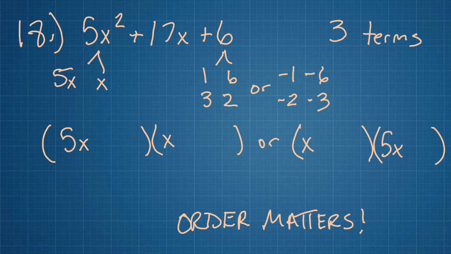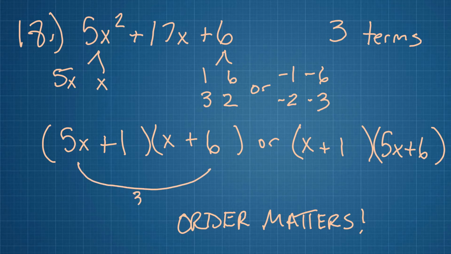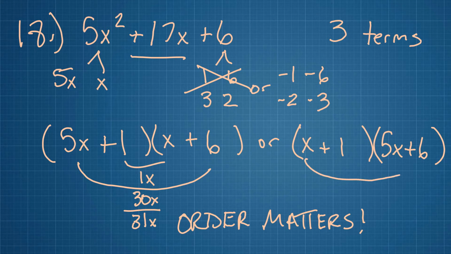All right. So first thing I'm going to do is check 1 and 6. So I check 1 and 6. I get 30x, 1x, together that's 31x. That is not 17x, so there's no way 1 and 6 is going to work. All right, I'm going to try it when maybe they're in different spots.